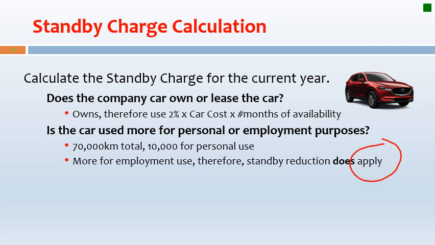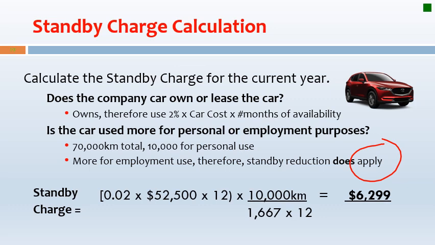We can go ahead and calculate at this point. So our standby charge is going to be calculated as follows. We have the 2% times the cost of the car, including GST, and we have 12 months that the car was available to the employee. We then multiply that by the standby reduction over here.